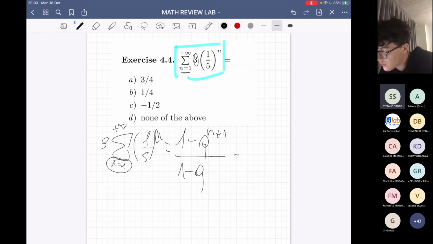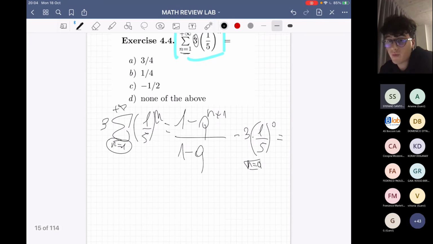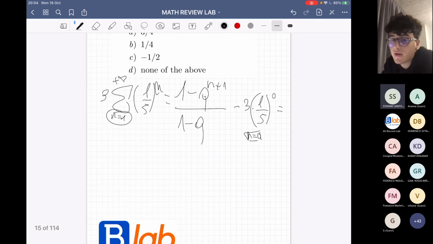Okay, and in this case, we do it now because it's faster. We subtract from this formula the value of 3 times 1 over 5 to the power of 0, because we have to subtract the n equal to 0 term, and we go on. It's not that difficult, because actually it's really easy, because it's the same as before.